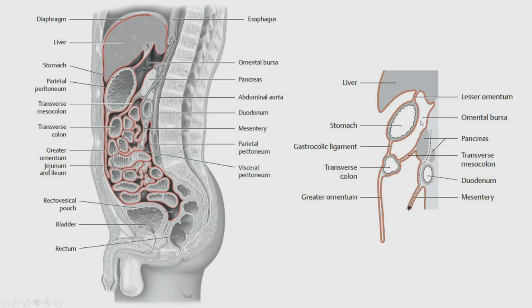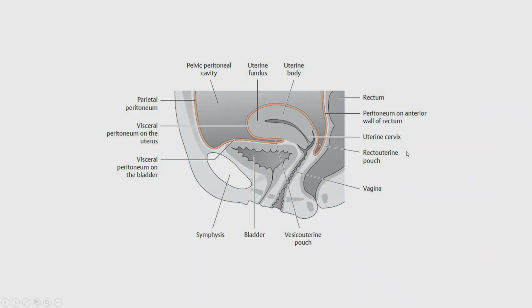This is the same picture with the details, and here is the cross section through the omental bursa or lesser sac. And remember, the inferior level of the peritoneal cavity in the female ends up at the Douglas pouch. If you remember, the rectouterine pouch, very important.